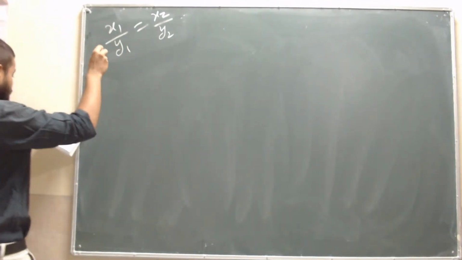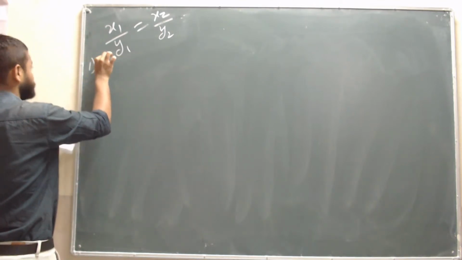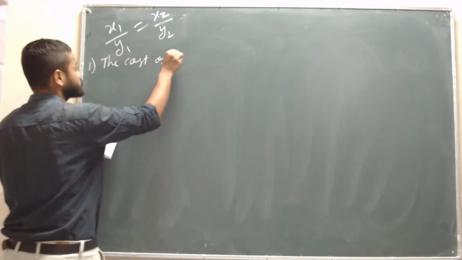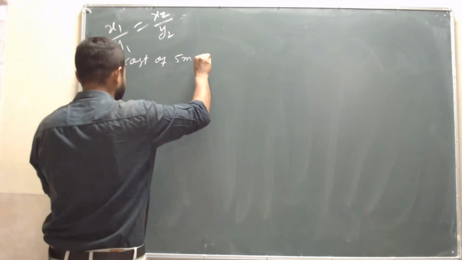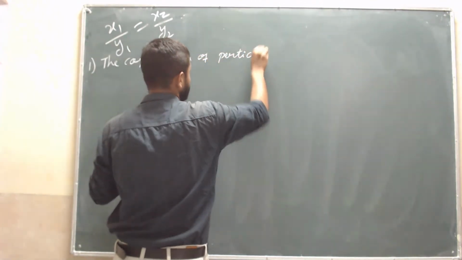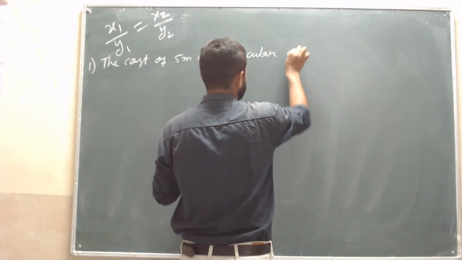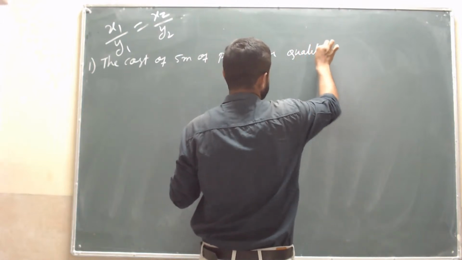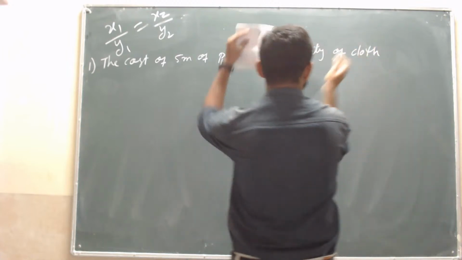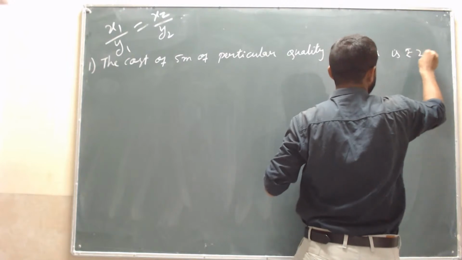First example: the cost of 5 meters of a particular quality of cloth is rupees 210.